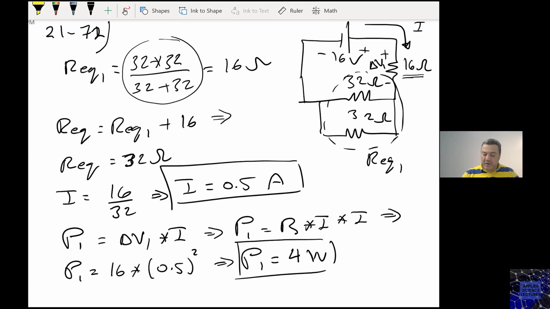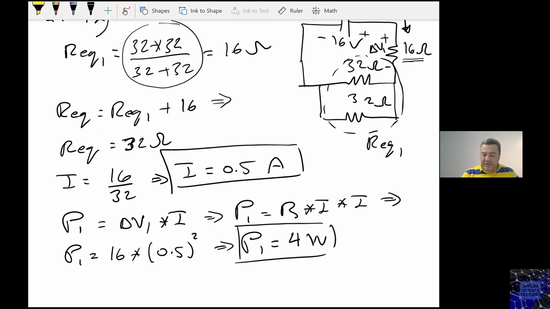Now, how much is the power dissipated in both resistors? So if I come here and I say plus minus, this is delta V2. And delta V2 is the same across both resistors, the 32. How can I calculate this delta V2? If I want to calculate delta V2, I have to include all the resistors that are involved within this potential difference.